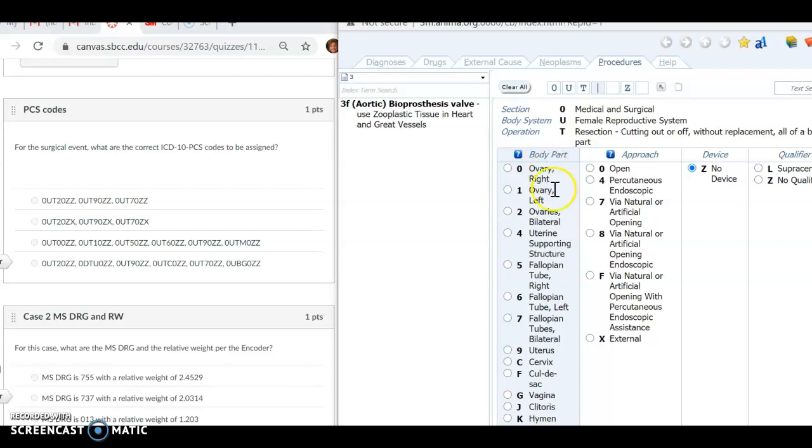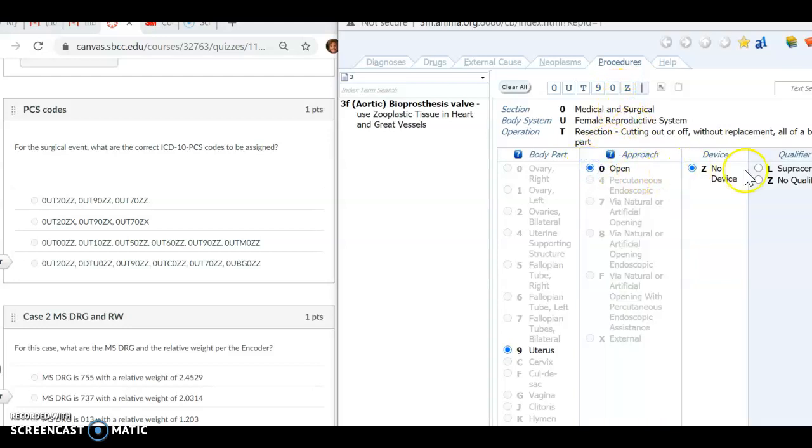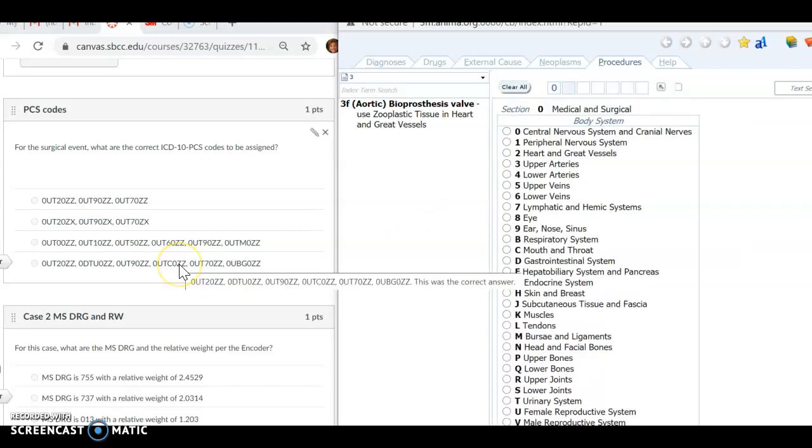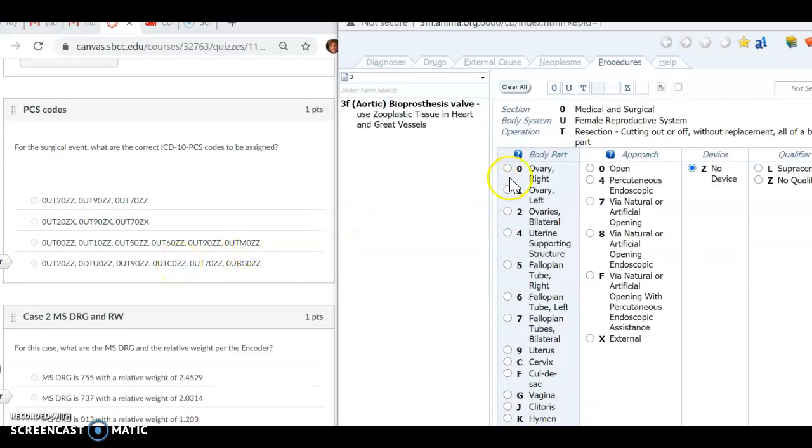Let's go to our second procedure, which is 0UT. And then this one's going to be 9, which is the uterus. Okay, because they did do a hysterectomy. And again, this is open. Everything's open here. And then the last thing with this one, it's also a Z, no qualifier. Okay, let's go ahead and go to our next one, 0UT.